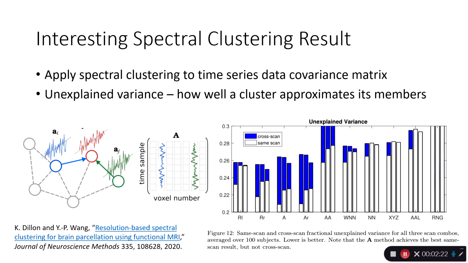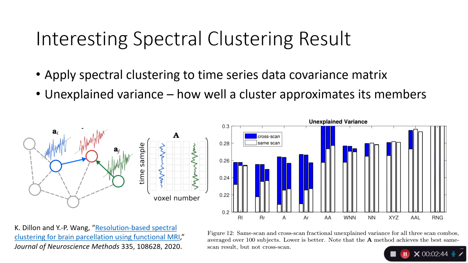And this is what this blue bar shows. The A is just k-means clustering of the data, and the R's are essentially little nuanced variations on spectral clustering that I applied to this data. And they were relatively good. For the unexplained variance, I'm looking at the white bars first.